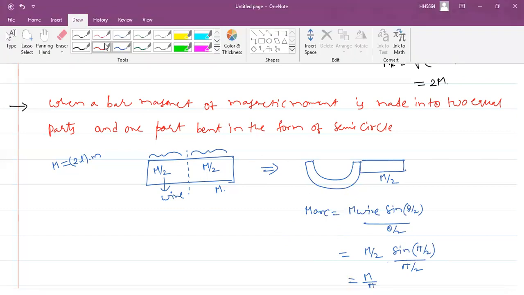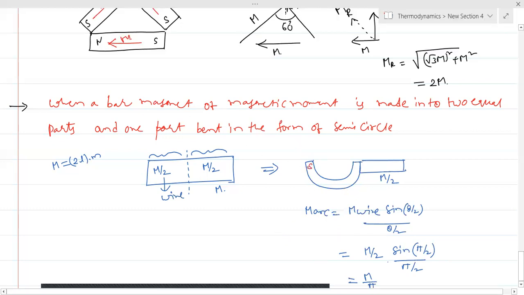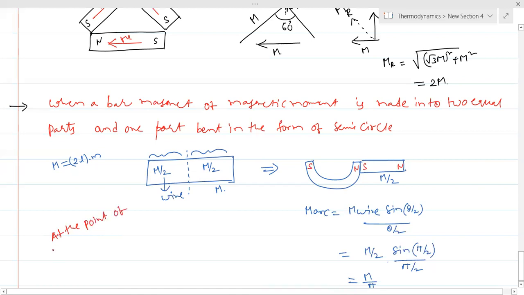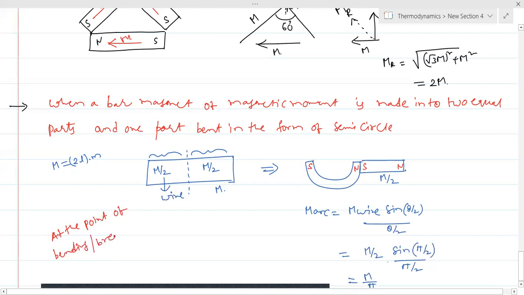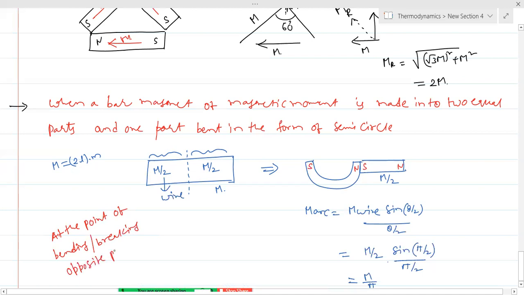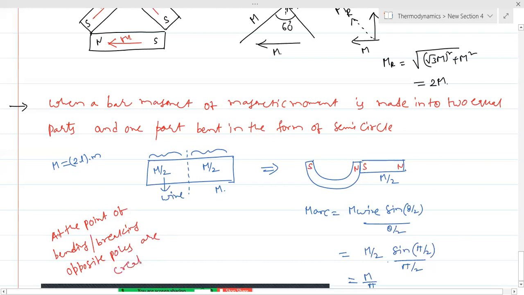So here the most important thing is, at the point of bending or breaking, we have the existence of opposite poles. So this is very important. At the point of bending or breaking, opposite poles are created.